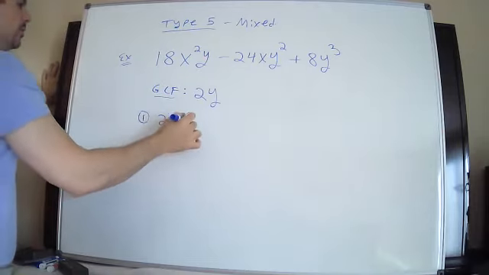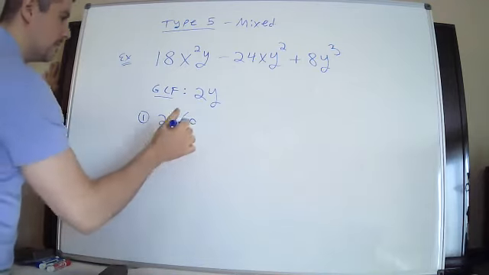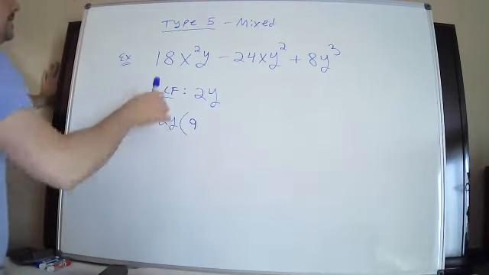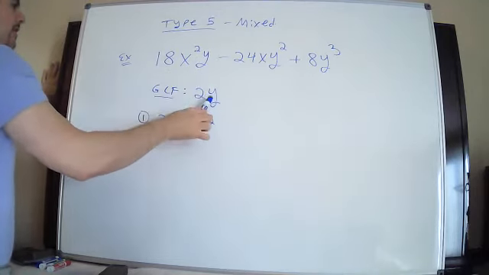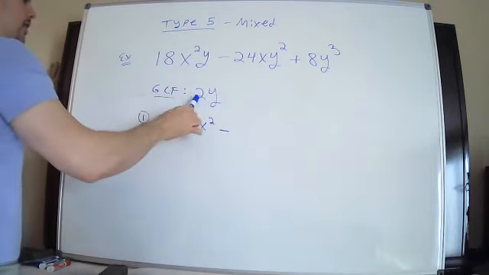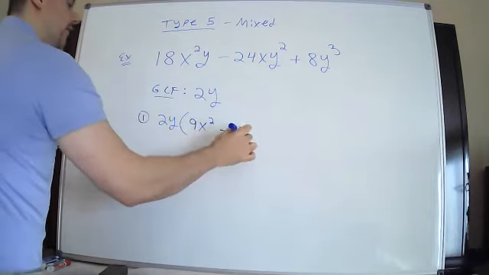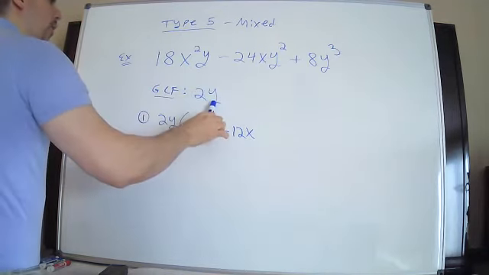18 divided by 2, 9. X squared stays there. This y and this y cross out. Minus 24 divided by 2 is 12. X stays there. Y squared divided by y.